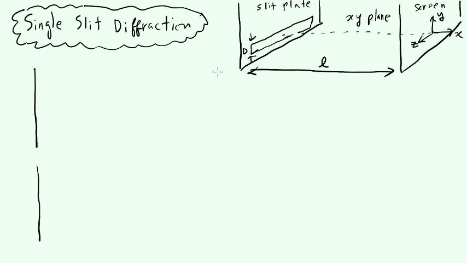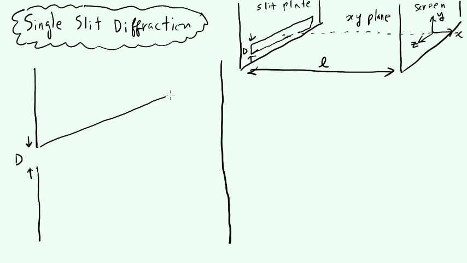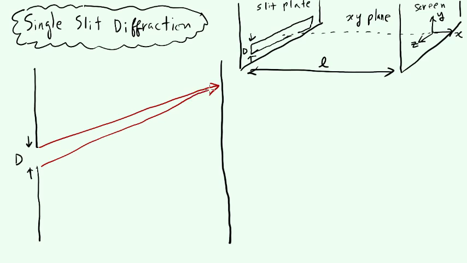This is the slit plate, and that's the screen, and the width is D. And what we have now is that the beam will come, let me use a different color here, and hit the screen here.